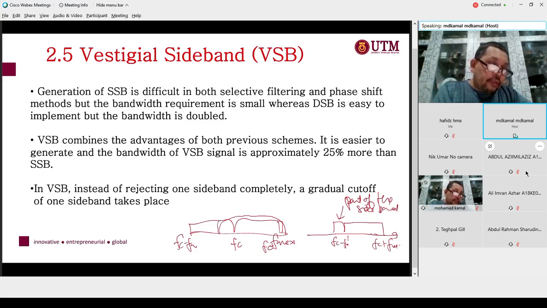Sometimes if you transmit only one sideband, the filtering process will filter out part of the frequency, and some of the information cannot be captured. So in order to have both, they put in a very small bandwidth here so that it can be transmitted together. It means that you have the upper sideband and part of the lower sideband. Okay, so this is what we call the vestigial sideband.